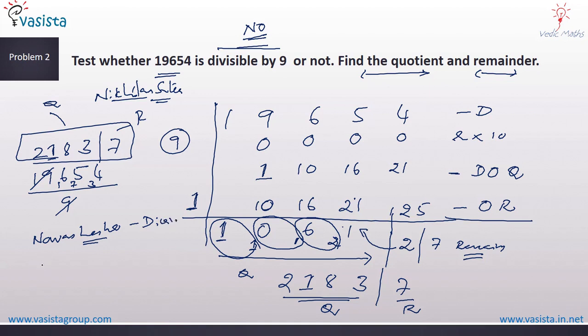To find the quotient and remainder, you can go with the Nikilam Navataha Sutra, which you learnt in the second level. But for 19, 29, and other numbers ending in 9, you have to go with this method only.